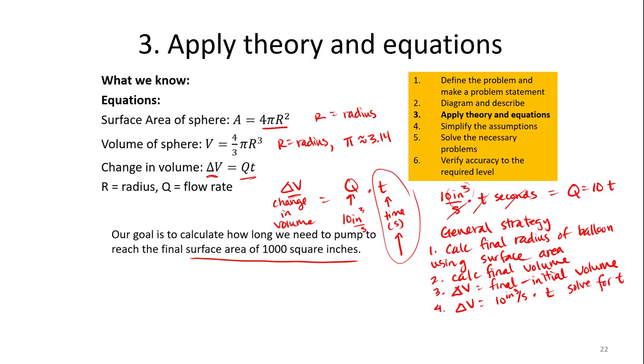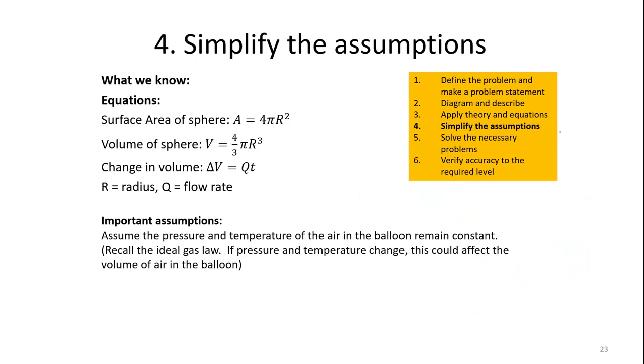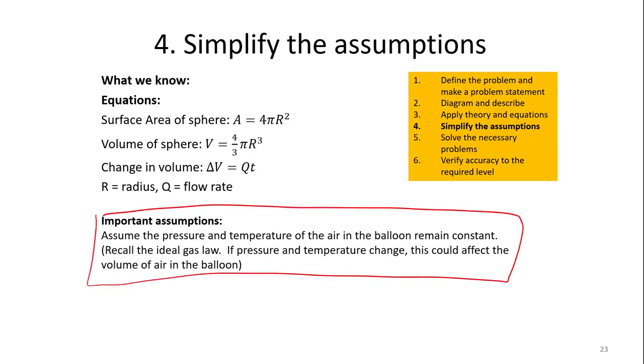Let's take a look at our next step now, which is simplifying our assumptions. So you'll remember in our question, we were told that we could assume the pressure and temperature of the air in the balloon remain constant. If you've done any work with ideal gas law or in chemistry class, you might remember that if pressure and temperature change, that could affect the volume of the balloon.